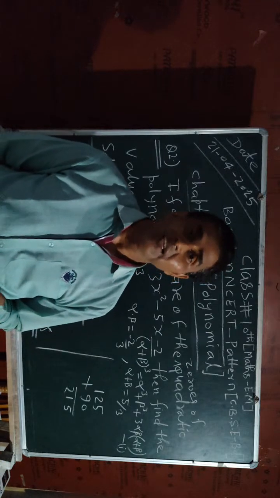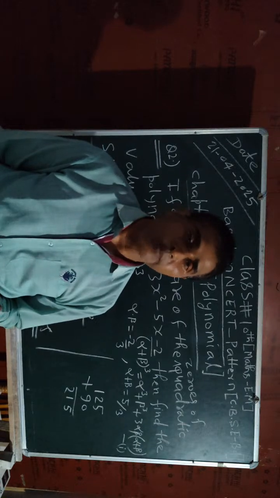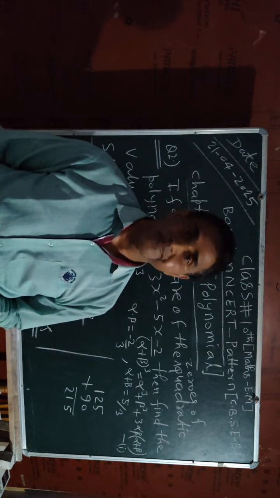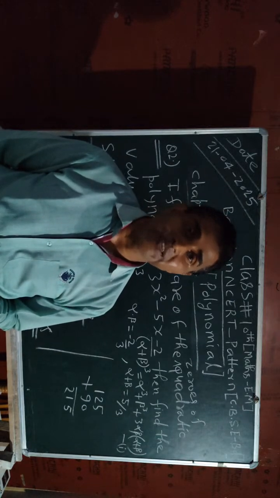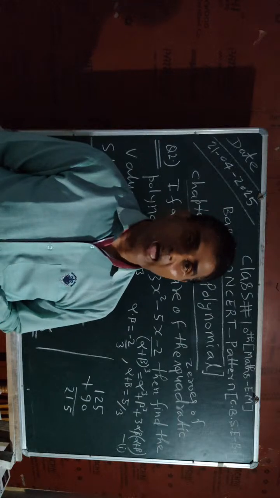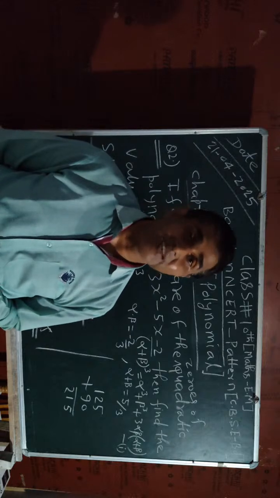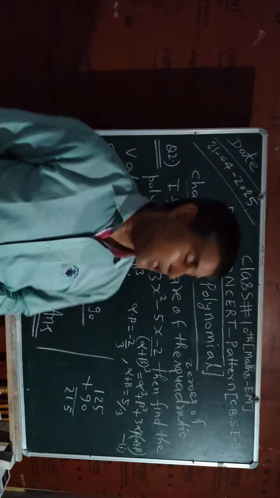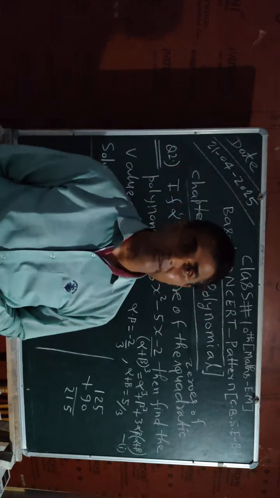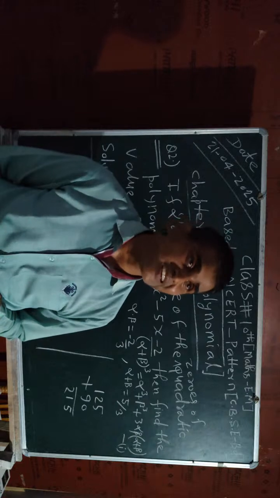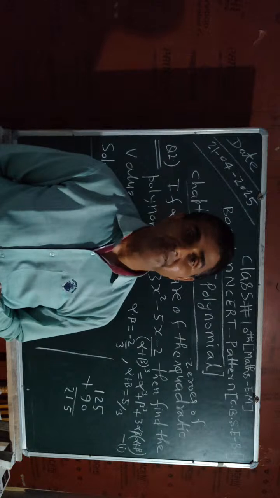Now next is the rational number, which is written in the form of p by q, where p and q belong to integers, but q cannot be 0. That is p divided by q, and q cannot be 0. That is the definition of a rational number. Any number which is not written in the form of p divided by q is an irrational number.